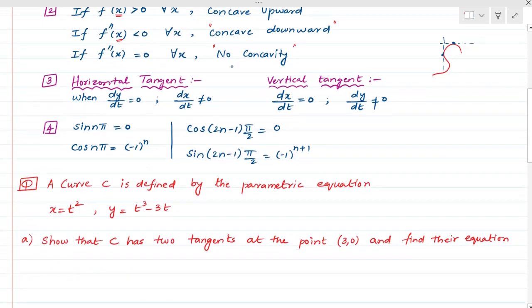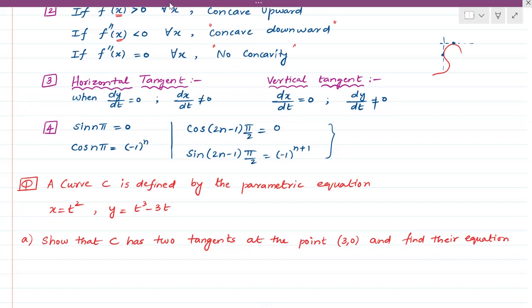And these are some basic rules of sine and cosine of n pi, the generalization. So sine n pi is equal to 0 for all n values. For cosine n pi, the value is minus 1 to the power n. So depending upon the n value, we will get plus 1 or minus 1.